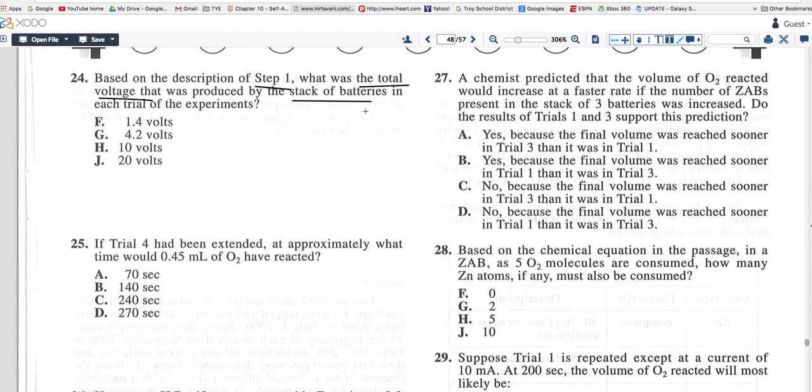And if the number of VABs increase. I'll do it. Where we find it. Oh, answer B. I'll say trial 3 is steeper than trial 1 and only has more.